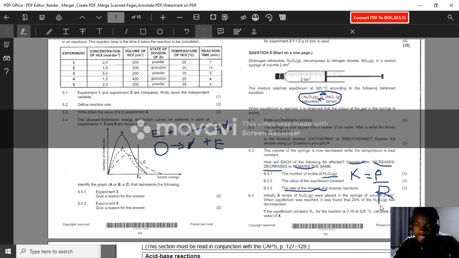So 20% of this has reacted at equilibrium. If the equilibrium constant Kc for this reaction is 0.16 at 325 degrees Celsius, calculate the value of x. So there's an interesting part. How do you do this kind of problem? Let's go to another side and see how we can do this problem.